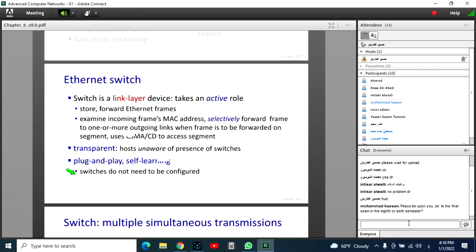How can they filter? They can filter using those MAC addresses. But how can they find those MAC addresses? I'm saying that a switch needs no configuration.